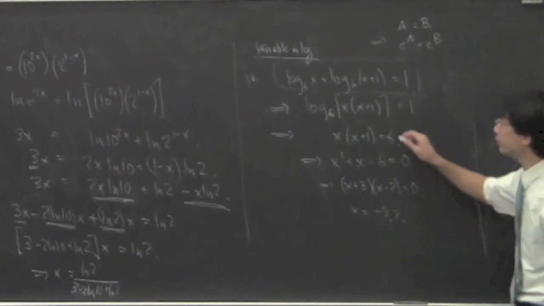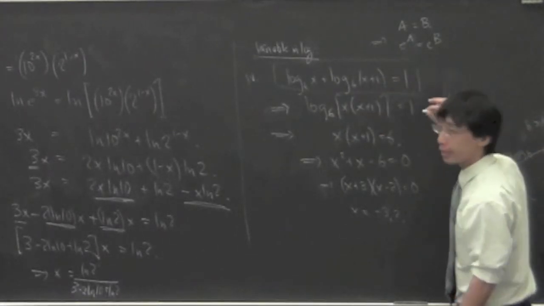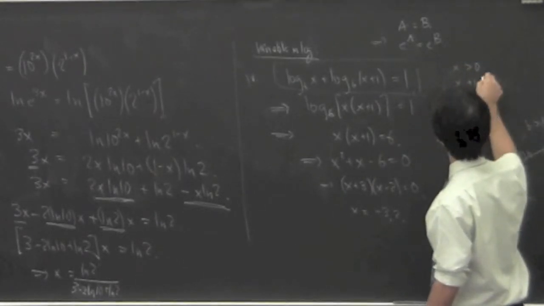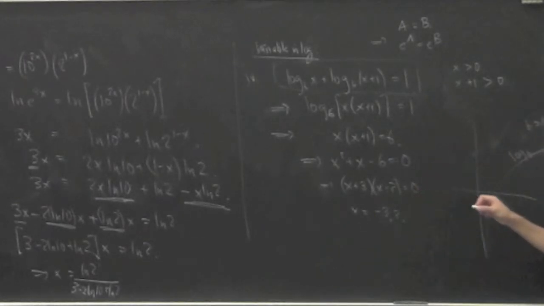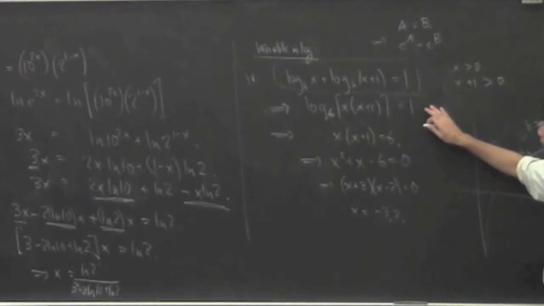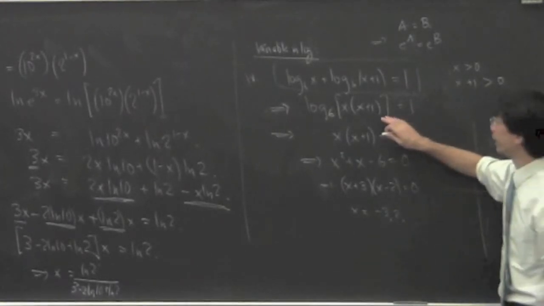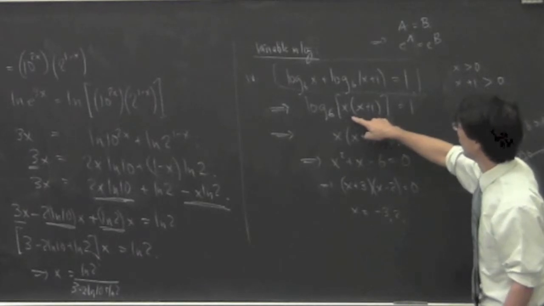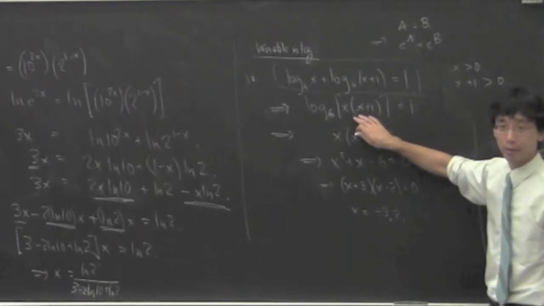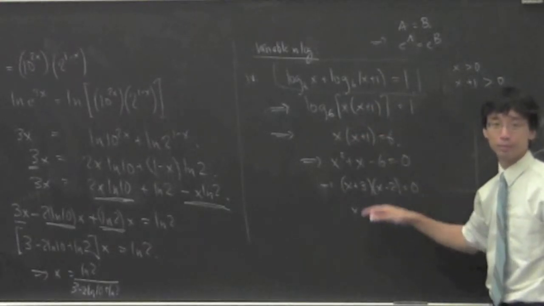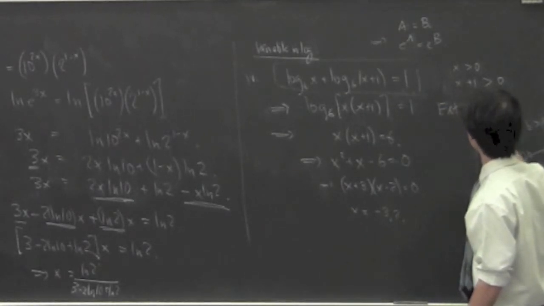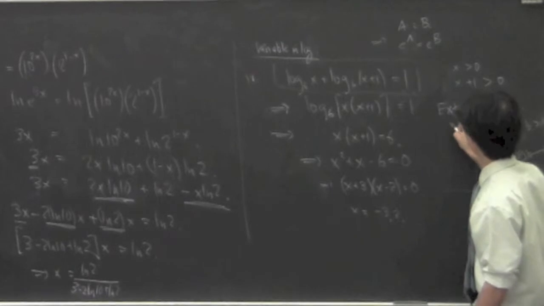So when we were here, there was an implicit assumption that x had to be greater than 0 and x plus 1 had to be greater than 0 also. So when we combine these together, we basically introduce an extraneous root. It's just like before, when some sort of extraneous solution was introduced.